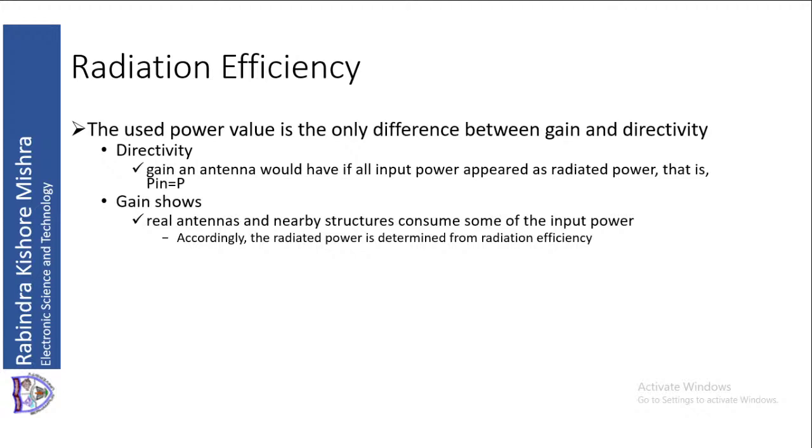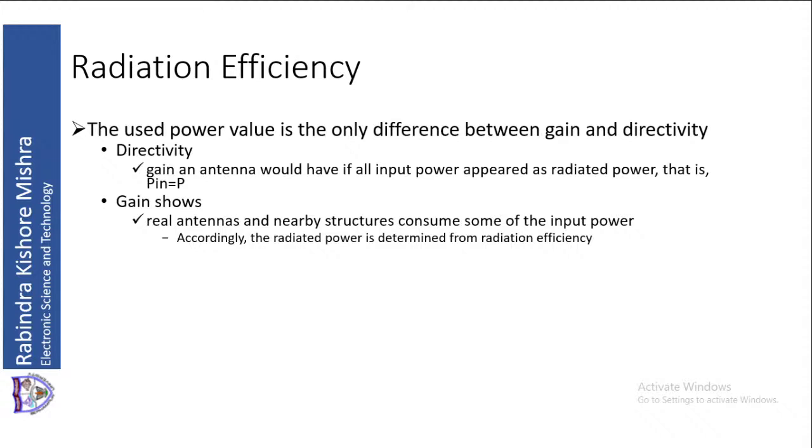Then that is the gain. Directivity is the gain an antenna would have if all the input power appeared as output power. So directivity and gain are the same provided the input power is equal to the radiated power.